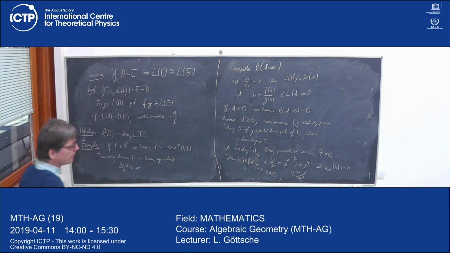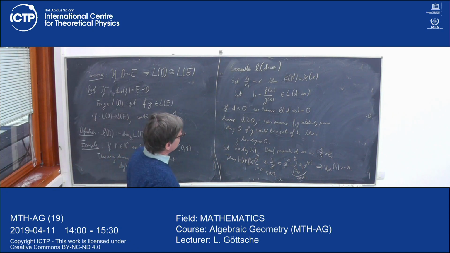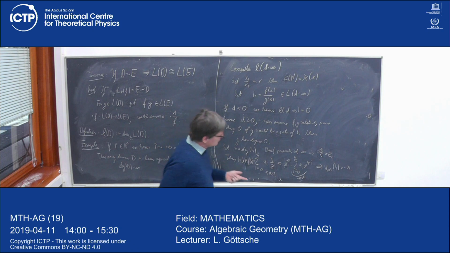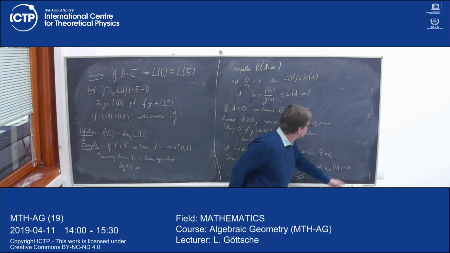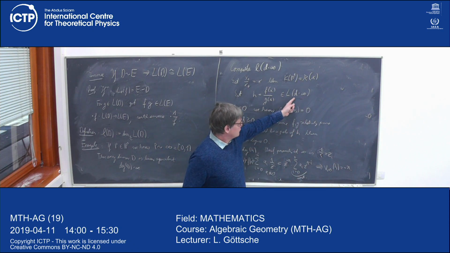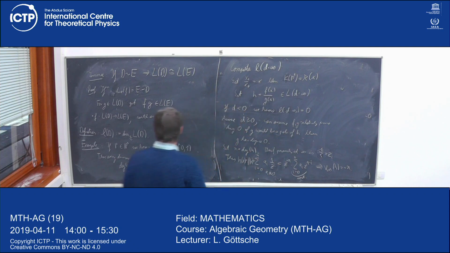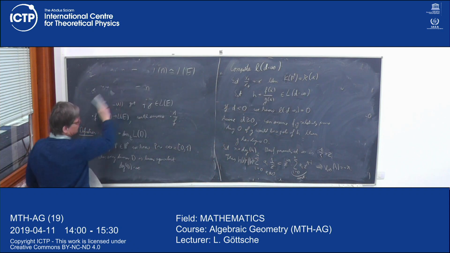Therefore we want that d minus n is bigger than or equal to 0, which means n must be smaller than or equal to d.